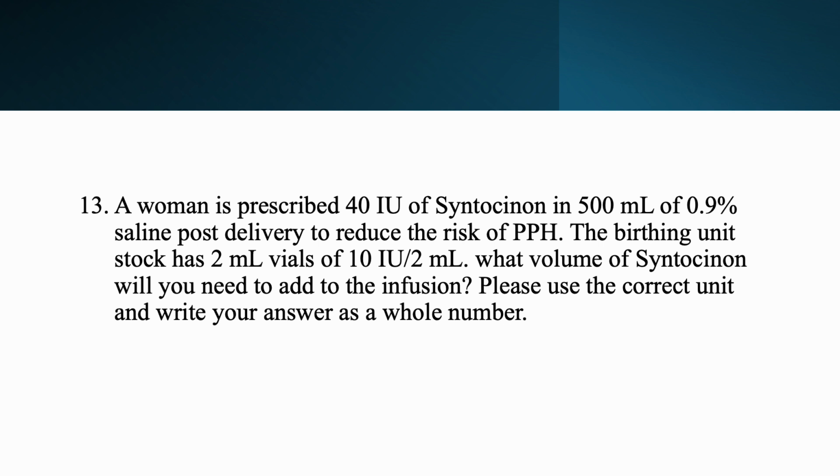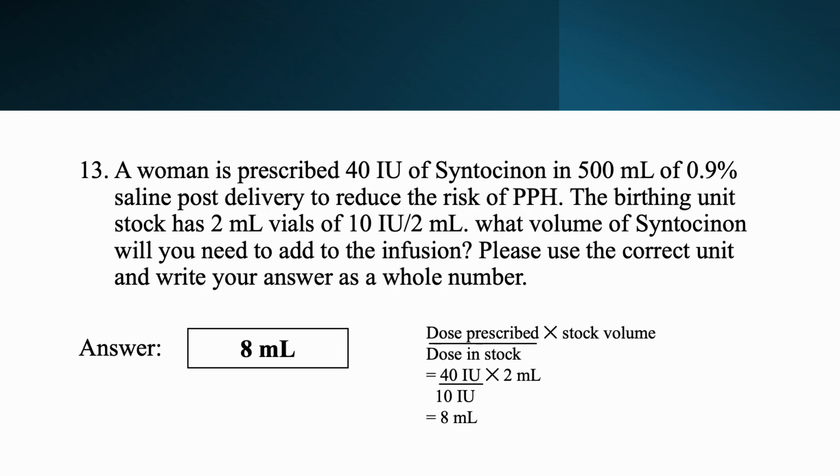Question number 13. A woman is prescribed 40 units of syntocinon in 500 ml of 0.9% saline post-delivery to reduce the risk of PPH. The birthing unit stock has 2 ml vials of 10 units per 2 ml. What volume of syntocinon will you need to add to the infusion? Please use the correct unit and write your answer as a whole number.